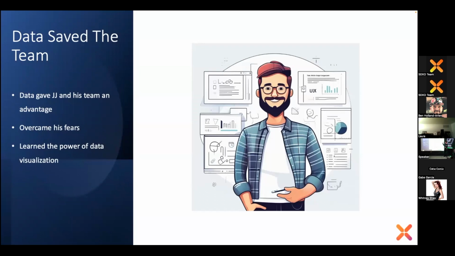He stepped past that when he had to, and he learned that it's really not that bad. It's like a recipe, and then you can use that data just to create visuals to give it meaning. And during that time, he learned about databases, learned about SQL, learned about storytelling principles using data visualization, and he saved the team.